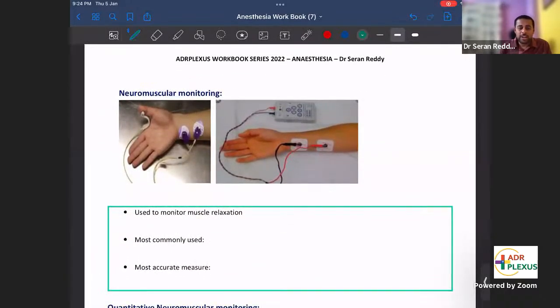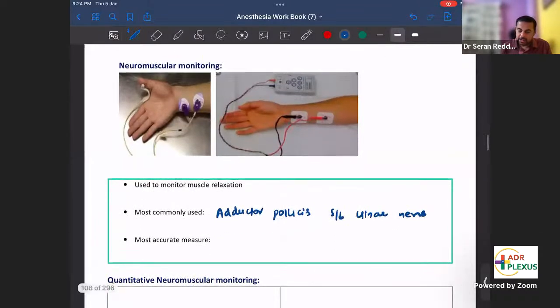Then coming to another important thing, just 2 points. Neuromuscular monitoring is used to monitor muscle relaxation, and most commonly used is the adductor pollicis, supplied by the ulnar nerve. The most accurate measure is seen in the orbicularis oculi, supplied by the facial nerve.